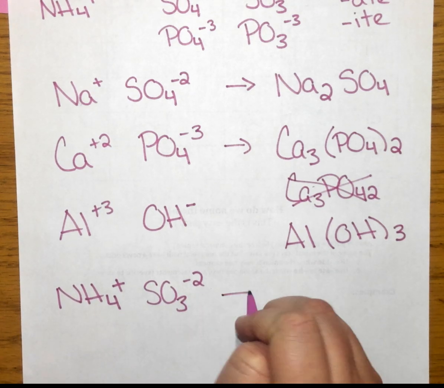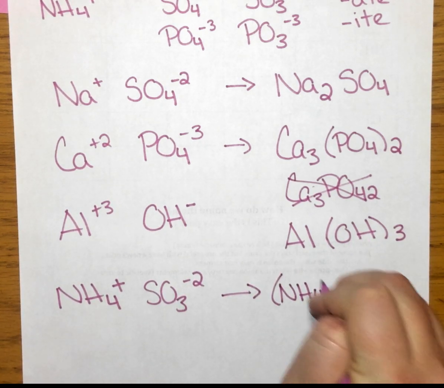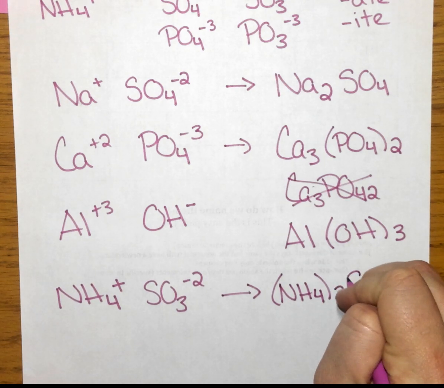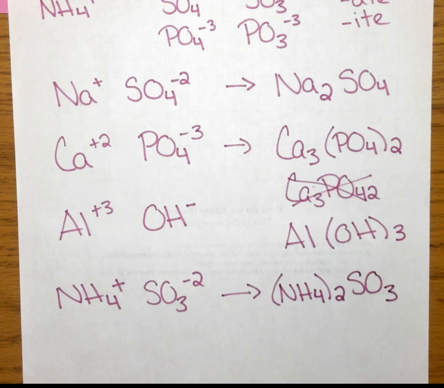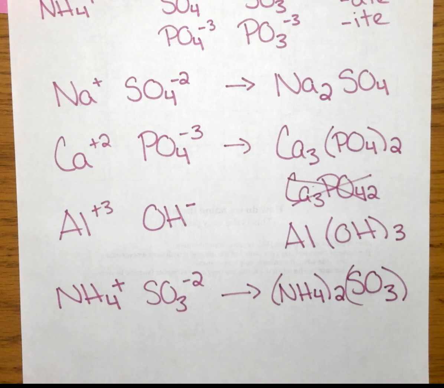So this just becomes ammonium sulfite. Now, I have 2 of this group. I only need 1 of this group. Now, some people find it really helpful to put this in parentheses no matter what, so that you know that group is staying together. Although this is not technically correct, I am not going to mark it wrong if you need to do this to help you remember that this is one group.